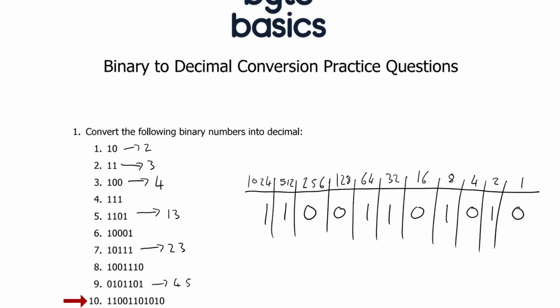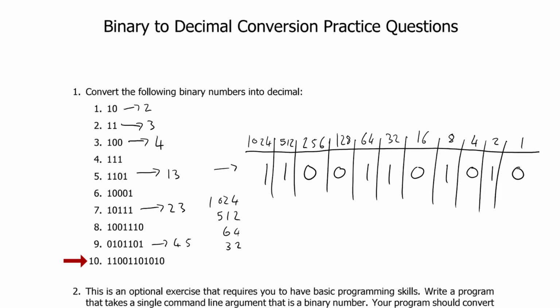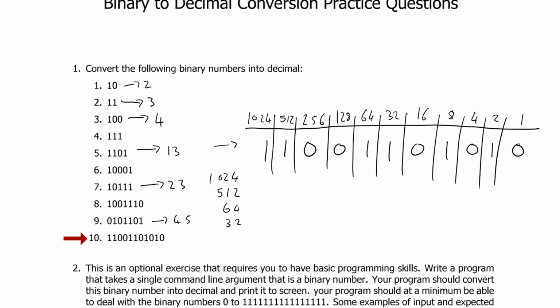And as you do more of these, you'll be able to do the doubling a lot quicker. Right, and now step 4, work our way across, writing down the values above any column that has a 1 below. So in this case, we're going to have 1024, 512, 64, 32, 8, and 2.